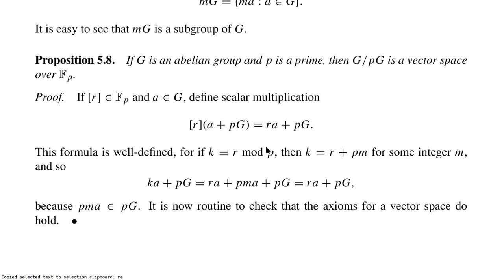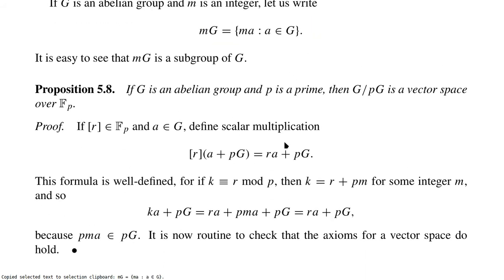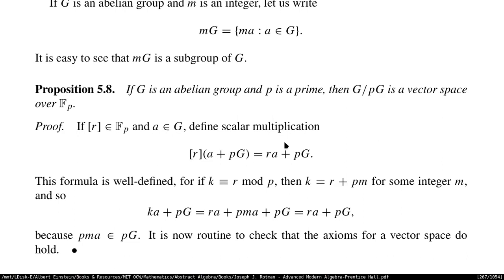So proposition: if G is an abelian group and you have a prime number p, then G mod pG is a vector space over the finite field of p elements. That's the notation that Rothman uses.